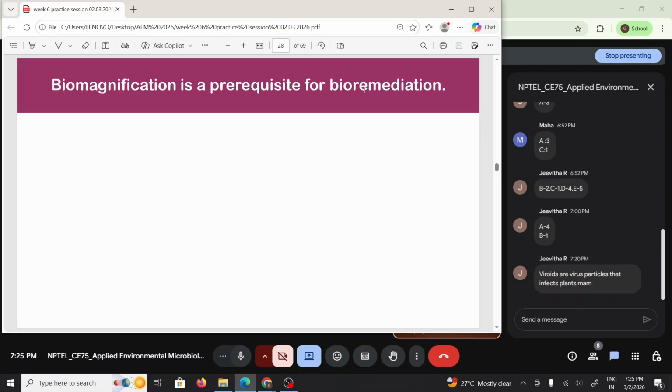So in biomagnification, we talk about the concentration of toxicants or pollutants. Toxicants or pollutants are generally some chemical compounds. Let's take pesticides for example, which all of us could relate to.